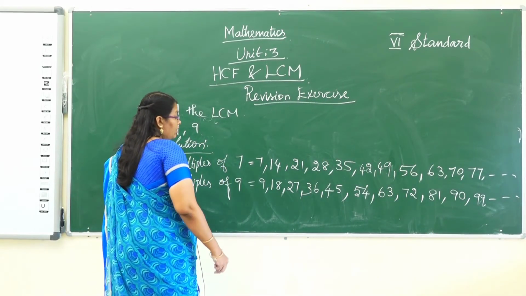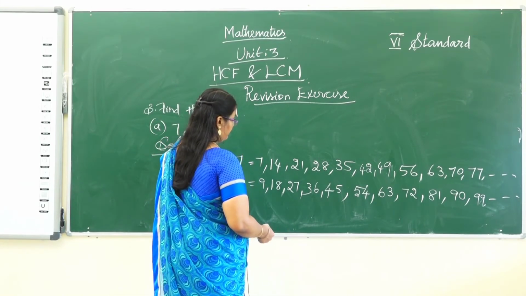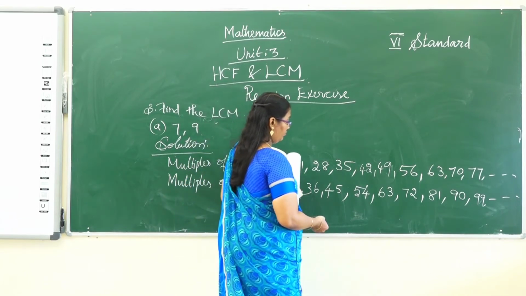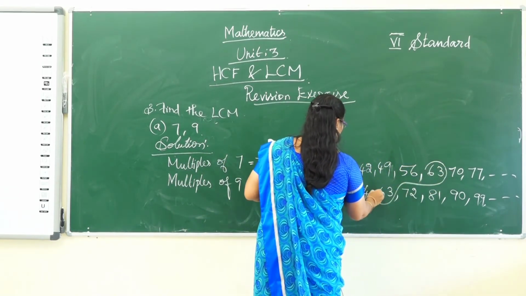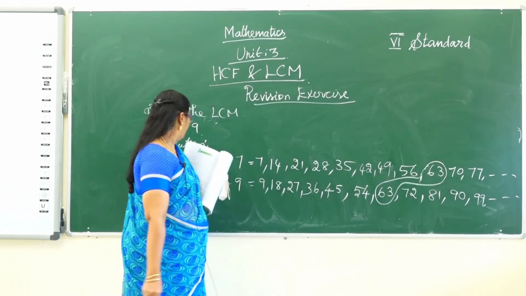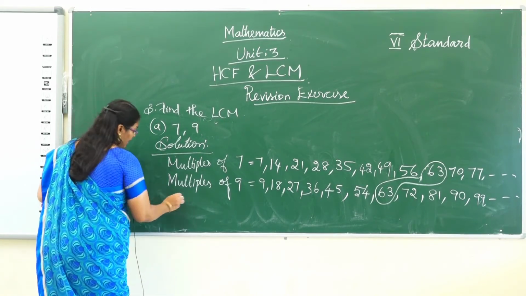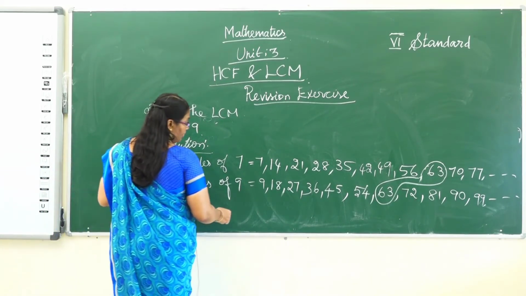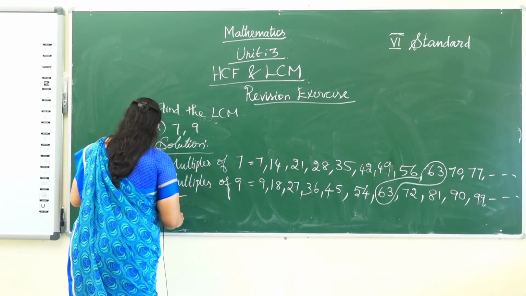Which numbers are common? 63. 63 is a common multiple of 7 and 9. Common multiple of 7 and 9. Okay, right.